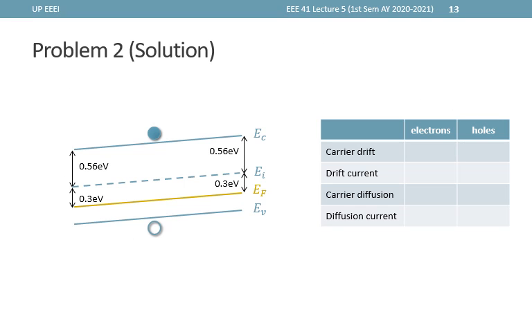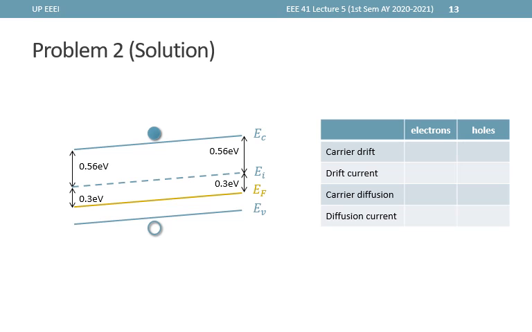Okay, so for the next part, we'll have to identify the direction of the following: the carrier drift, drift current, carrier diffusion, and diffusion current for both electrons and holes, given the energy band diagram. So to help us imagine what happens, we have provided a drawing of a free electron and a hole in our energy band diagram.